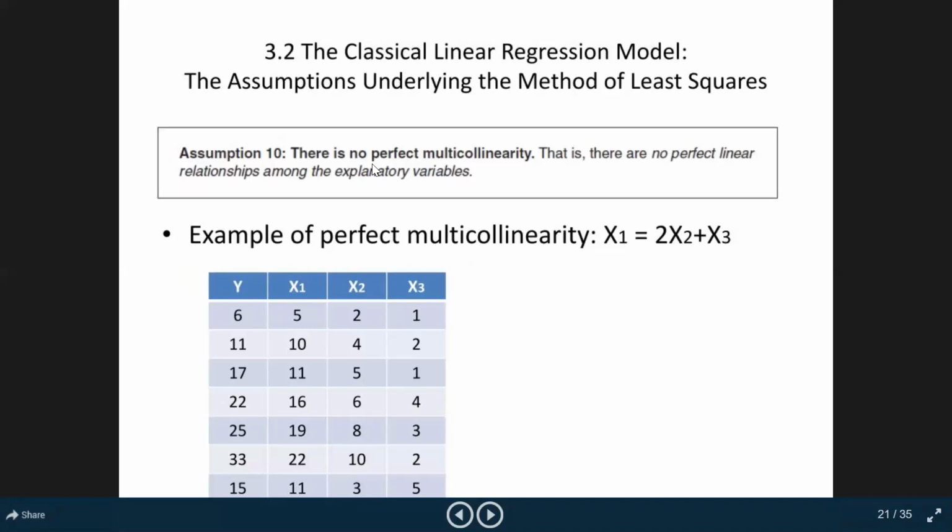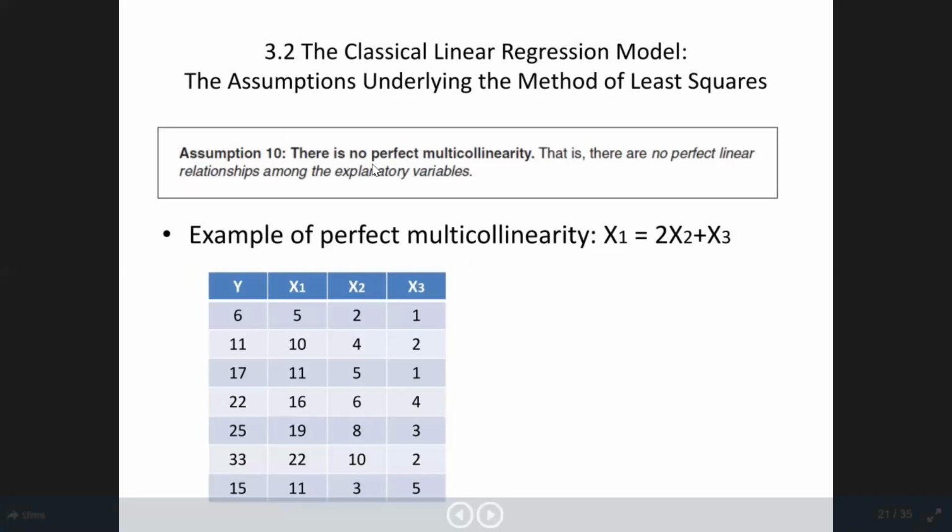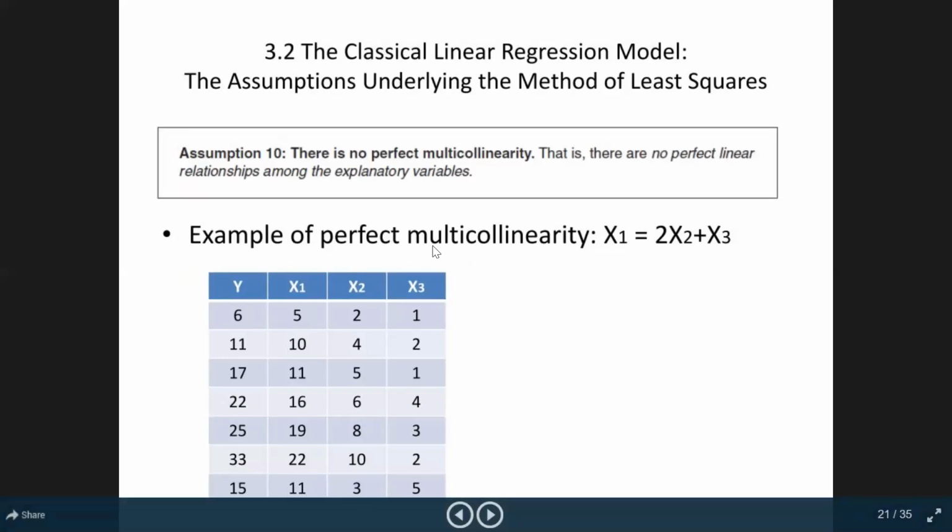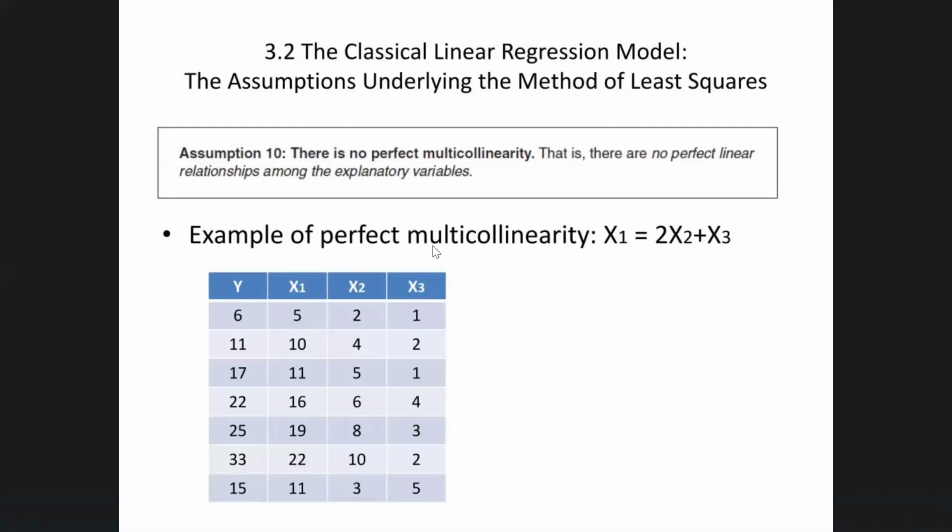So the independent variables will not be in a linear relationship with each other. If we find that two explanatory or independent variables are in a linear relationship with each other, then we will not be able to find the estimates of the regression model, and there will be an error in fitting that model.